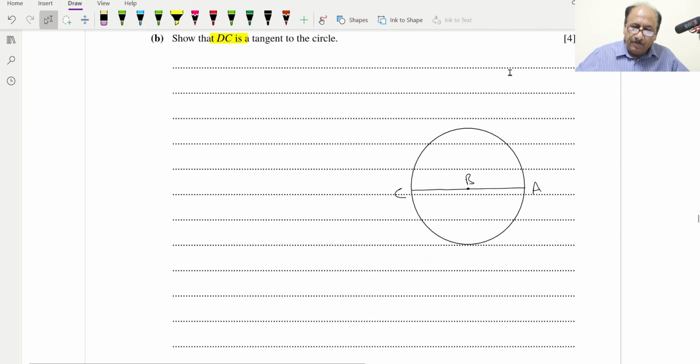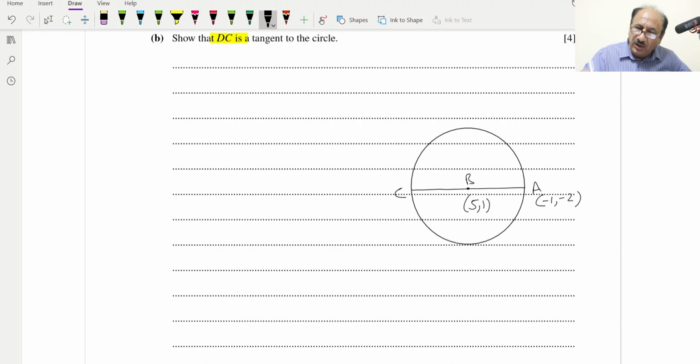B has coordinates 5 and 1, and this other point has coordinates -1 and -2. These two coordinates are already given. If we check, the difference of the x values 5 and -1 is 6, so we add 6 to 5 and get 11.